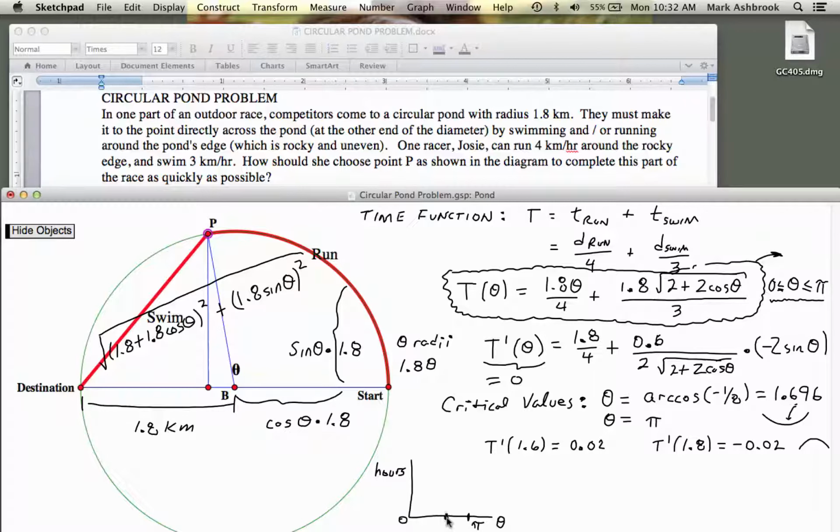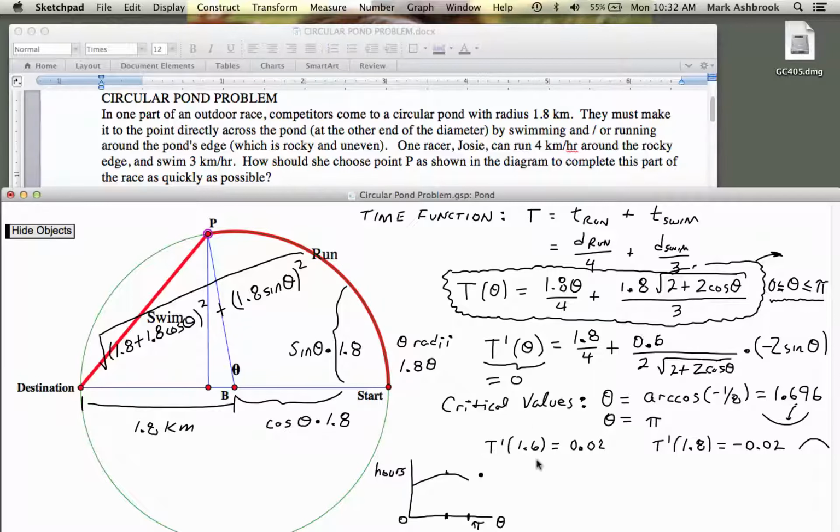At our critical value here, where cosine theta is negative 1/8, or 1.696, it's actually a local maximum. And since there are no other critical values in that range from 0 to pi, we have that one at pi, but that's at the endpoint. There are no other critical values in between. This thing has to look like this. It has to be going up, hit a maximum, and then go back down again.